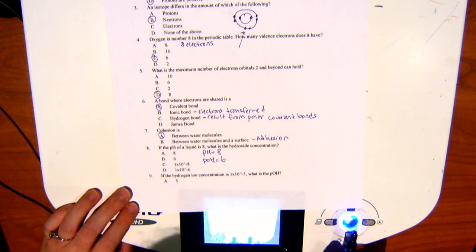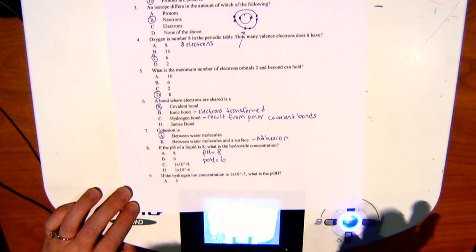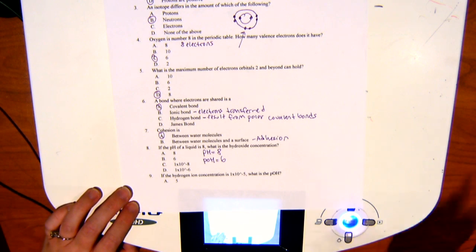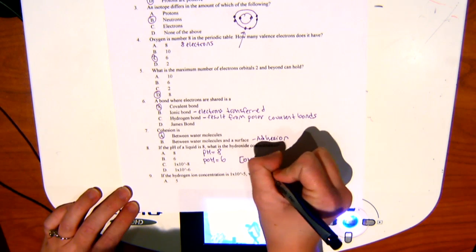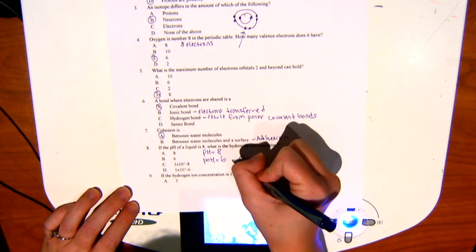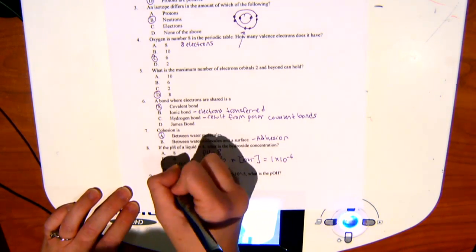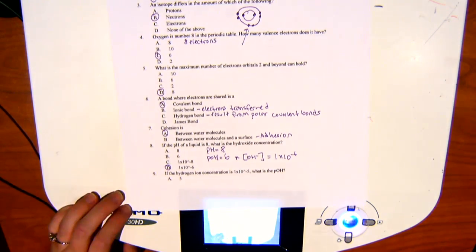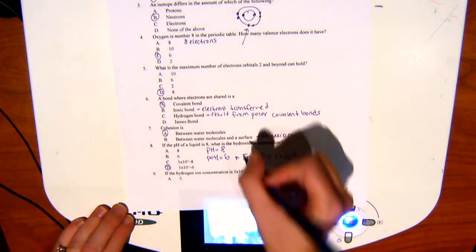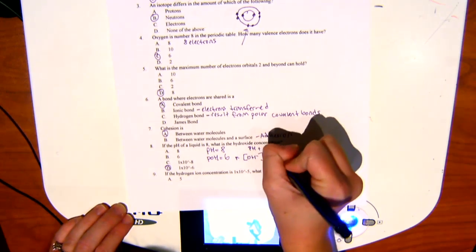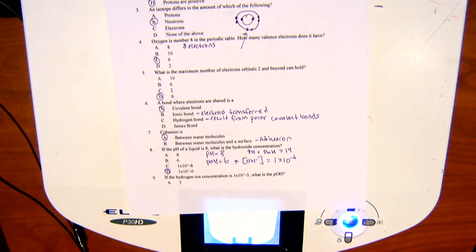And since it asks us for hydroxide concentration, that means we need to go one more step further and convert that to a scientific notation number. So if we're finding hydroxide concentration, it's going to correspond with the pOH. So it's going to be 1 times 10 to the negative 6, which is D. So remember that pH and pOH always add up to 14.